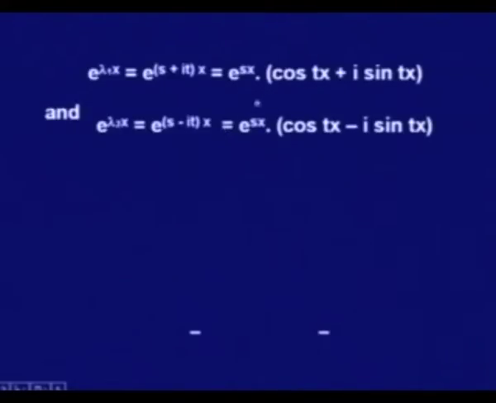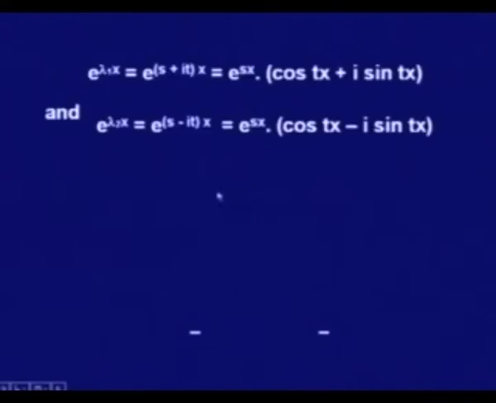We add these two solutions. If we add, we get 2 times e to the power s x cos t x, and if I divide it by 2, I would get e to the power s x cos t x. Similarly, if I subtract the second one from the first one, I get 2 i times sin t x, of course multiplied with e to the power s x.